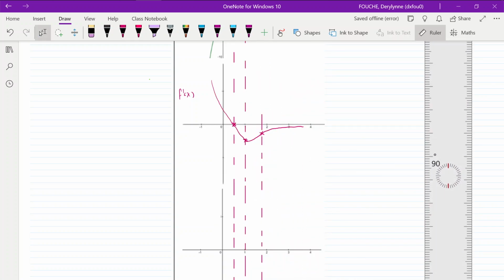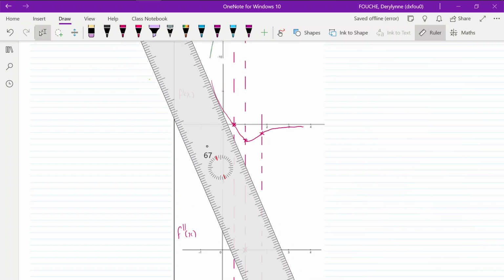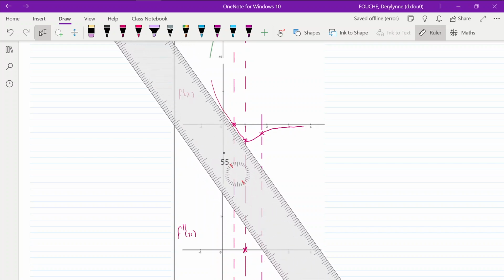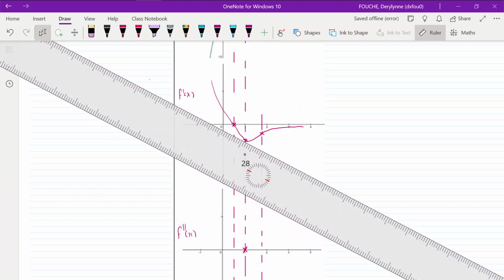But what we have here is we have a stationary point. So we're going to have a 0 gradient there. And now we need to look, okay, cool. We have got negative gradients, and they're going from very negative to less negative to 0.